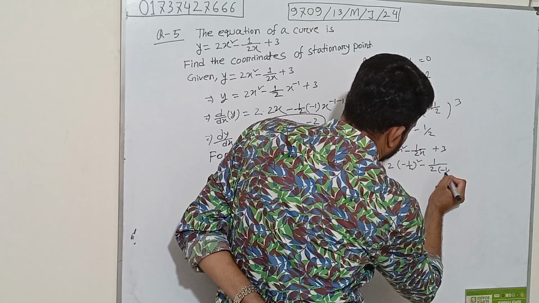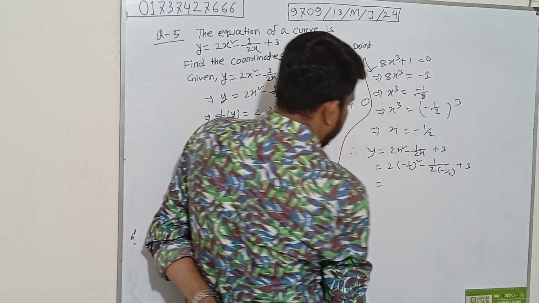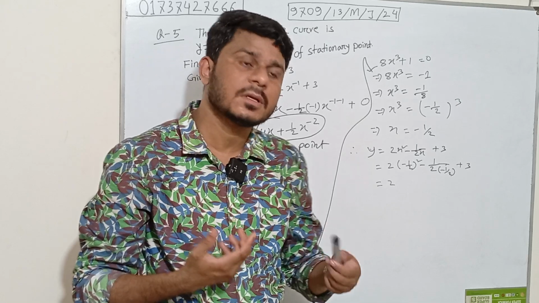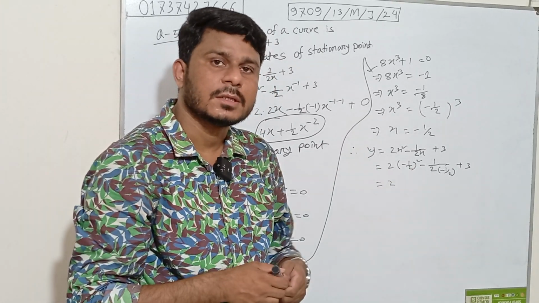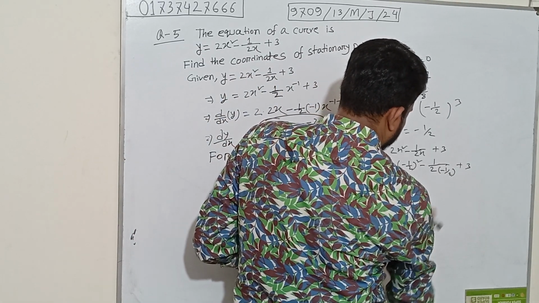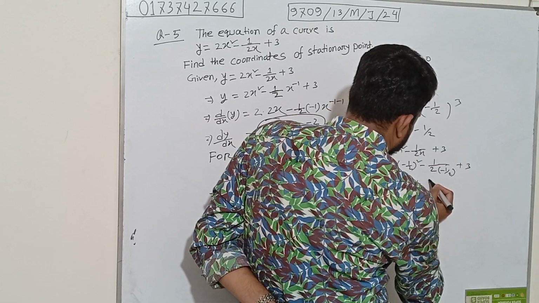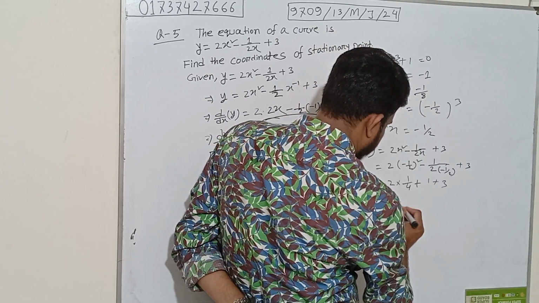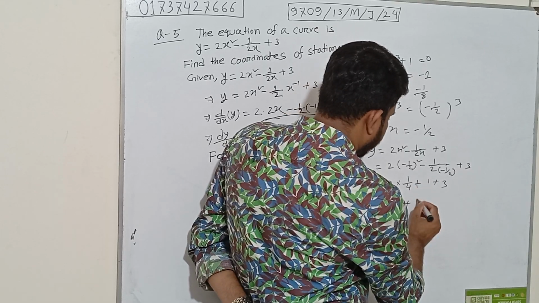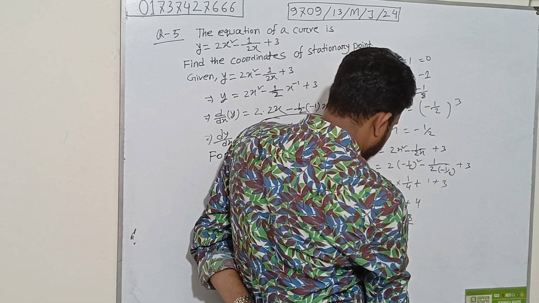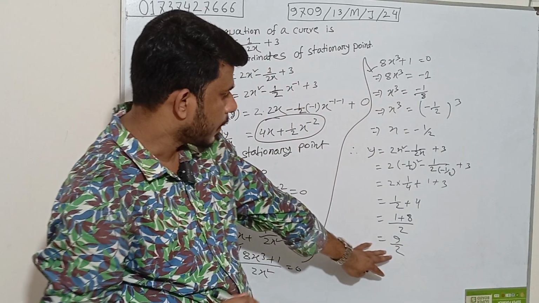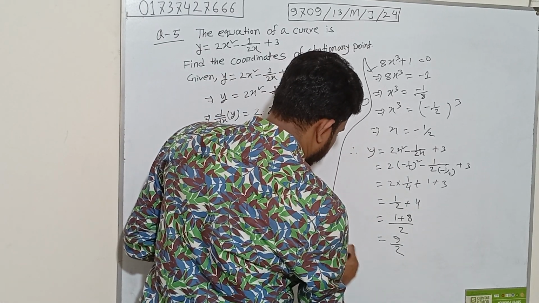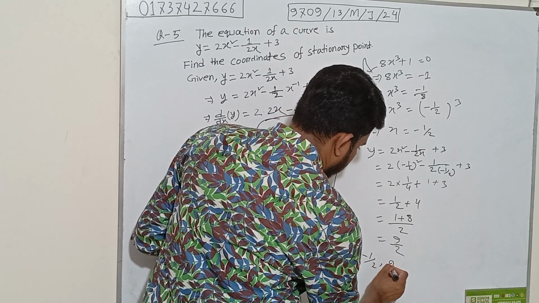The power 2 is an even number, so the minus inside automatically becomes plus. So 2 times 1/4 is 1/2, and 1 plus 3 is 4. Simplifying, 1 plus 8 over 2 is 9/2. So y = 9/2 and x = -1/2, and the coordinates of the stationary point are (-1/2, 9/2).